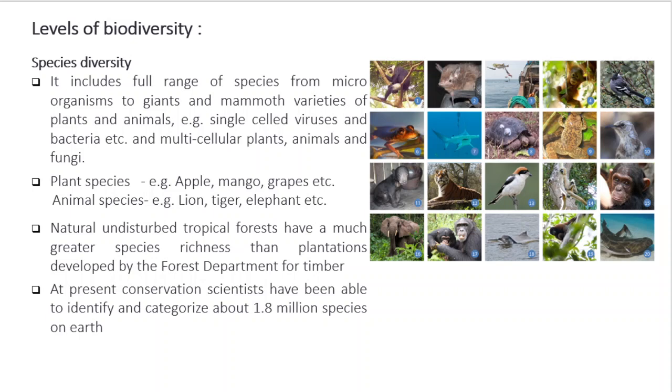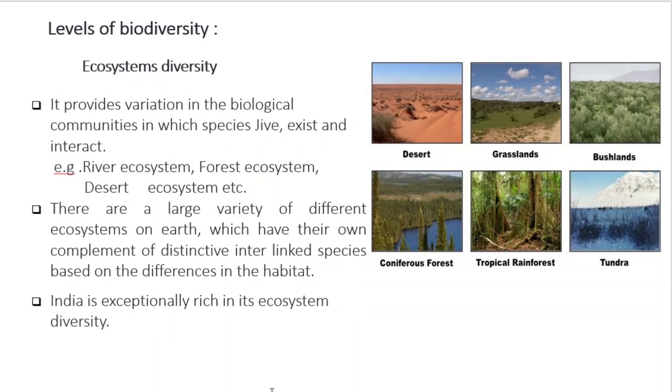Now we are going to see another level, that is ecosystem biodiversity. Ecosystem biodiversity is the diversity of the durable interaction between species and their environment. In each ecosystem, organisms interact with each other and also with the air, water, and soil surrounding them.